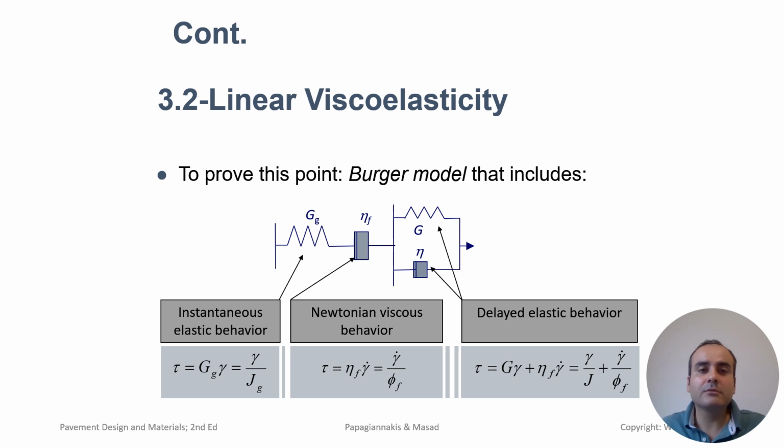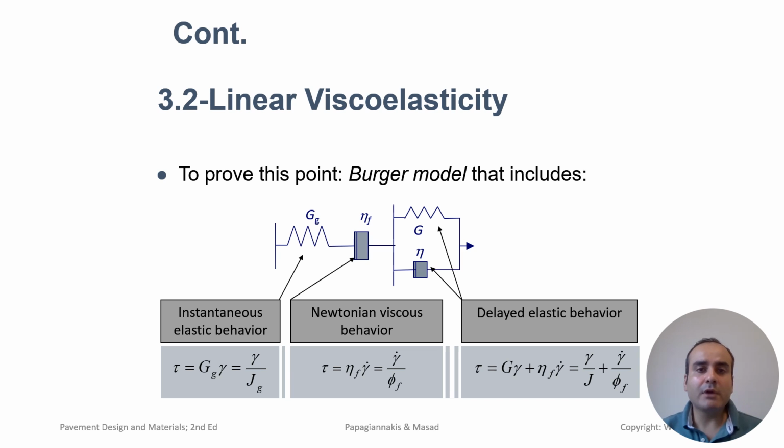The Burger's model is particularly useful in pavement engineering because it simulates how asphalt responds to long-term loading, which is creep, and stress relaxation. It combines two fundamental viscoelastic models, the Maxwell model, which represents viscous flow, and the Kelvin-Voigt model, which represents elastic deformation and delayed elastic recovery.